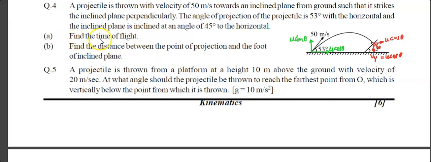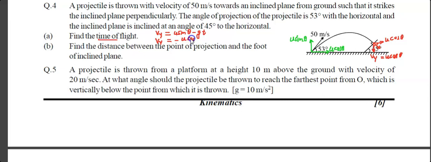So first part, we need to find the time of flight, so you can use the very first equation in the vertical direction. So there was the equation vy is equal to the initial velocity, that's u sin theta, minus gt. Remember this equation. Now here vy has to be substituted. What are we going to substitute vy as? vy is going to be written as minus u cos theta.